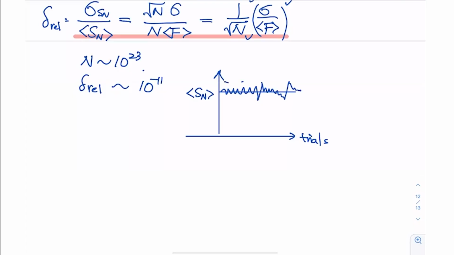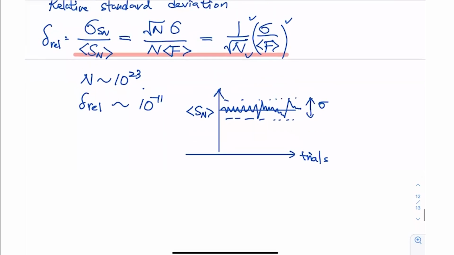But what we are telling you is that the ratio of this fluctuation, characterized by the sigma Sn, and the mean value is of this order if the particle number or your random number is huge, like 10 to the power of 23.